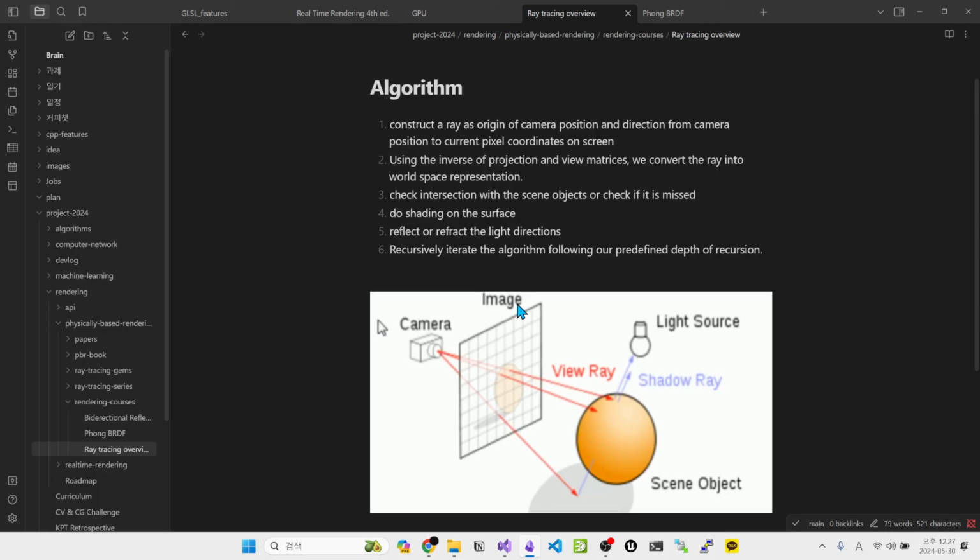In reality, the lights start from the light sources and bounce around our scene.